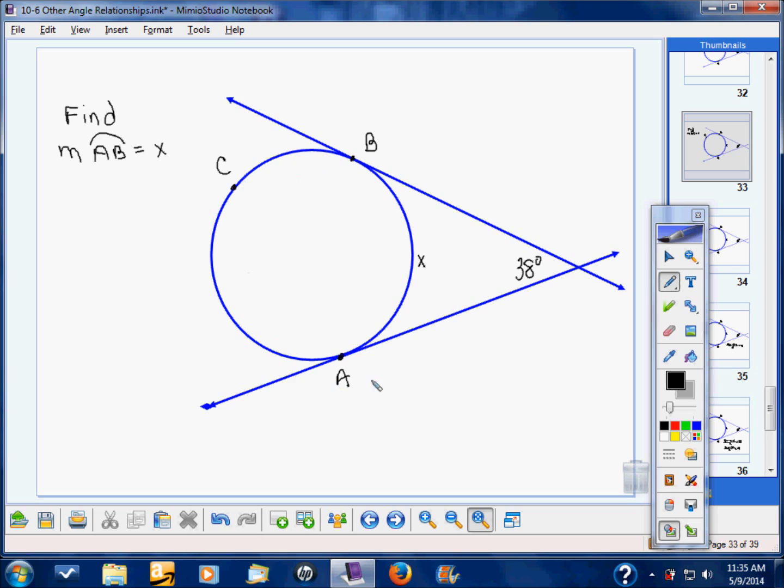We don't have a number here, but we have to use the same process. So if we use the same process as before, what's this part going to look like? Who has an idea what's going to belong over here?